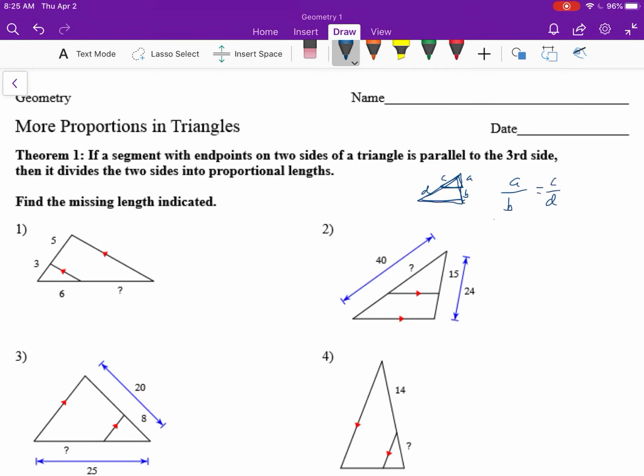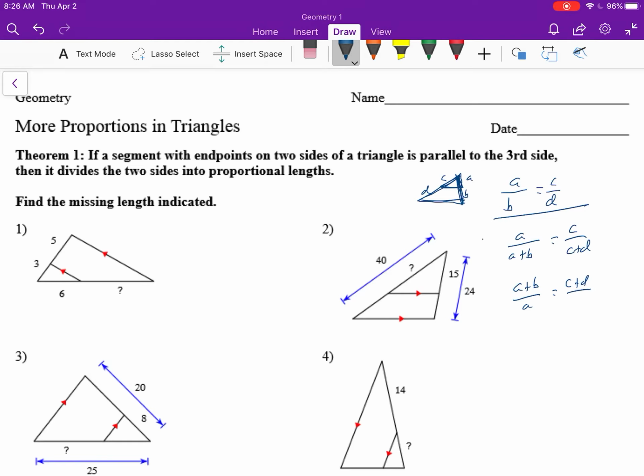In fact, let's go ahead and look at that. So this is why it's true. A over A plus B, the side of the smaller triangle over its corresponding side, equals C over C plus D. We're actually going to flip these fractions because it will help us work with a common denominator.